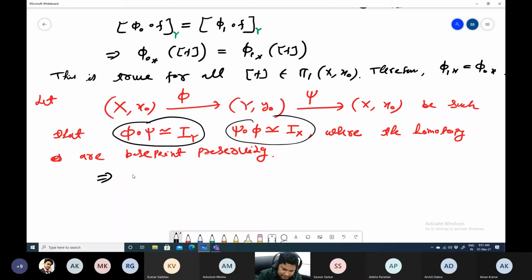Now that implies phi star compose psi star, which is just (phi compose psi) star, equals this star.